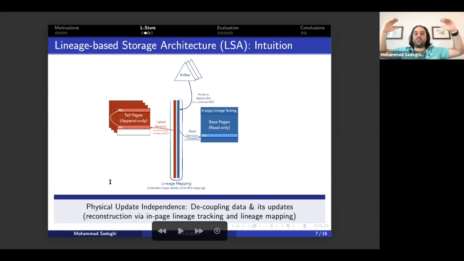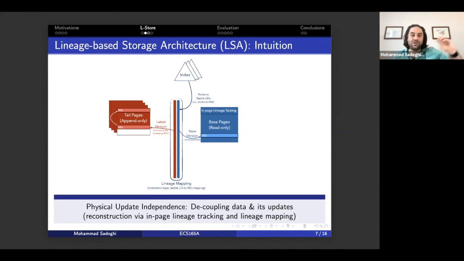Essentially, I'm partitioning my RID space, partitioning my records into logical groups, maybe called page ranges. For a page range, which consists of a set of base pages, any update in those pages will go to a tail page. And if that tail page is full, I'll just create a new tail page and link back to the previous page. So that's a very basic design.